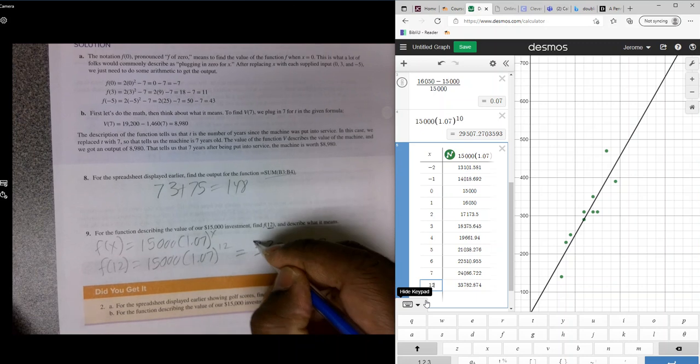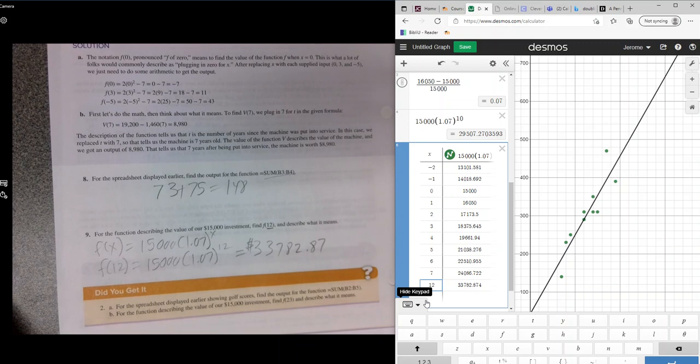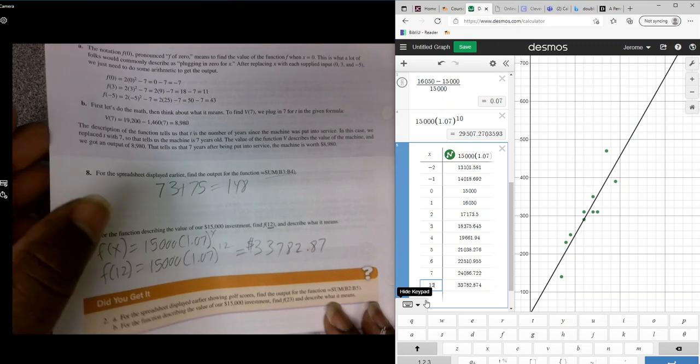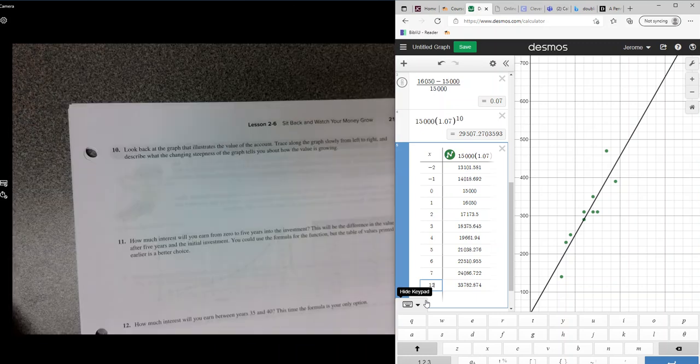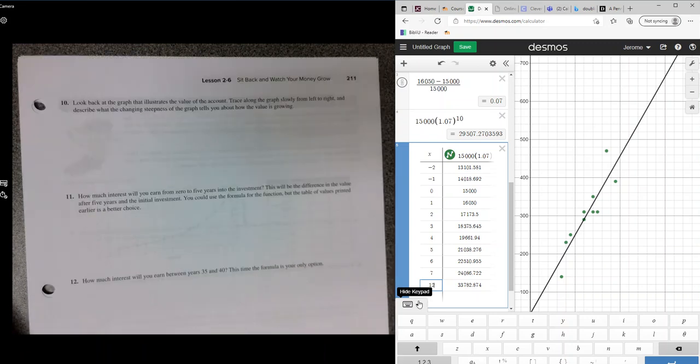Now, we move on to the next page. It says here, look back at the graph that illustrates the value of the account. Trace along the graph slowly from left to right and describe what the change in steepness of the graph tells you about how the value is growing. So they want us to go back to this page here.